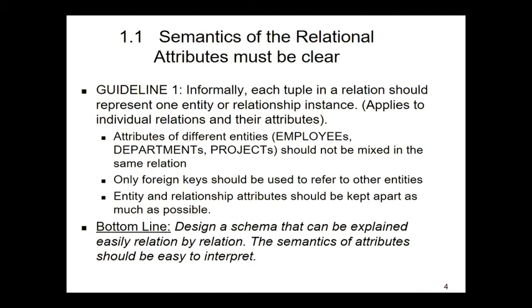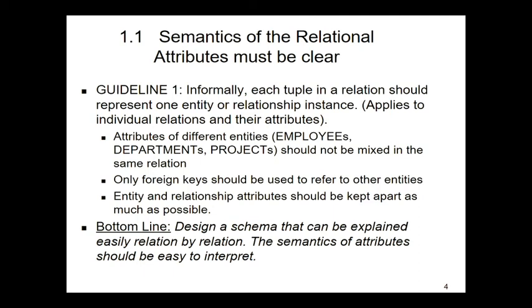And what is the advantage of using foreign keys? The database management system is ensuring the integrity of that data. Entity and relationship attributes should be kept apart as much as possible. Think that's really true?